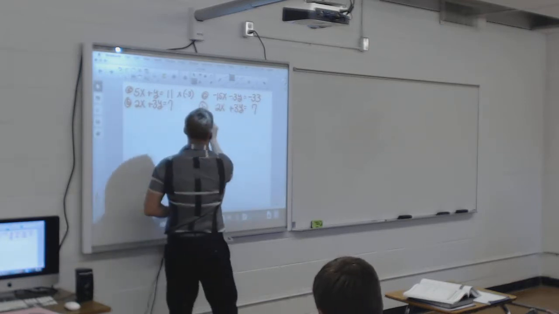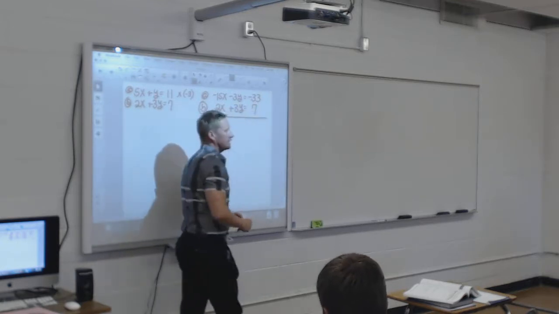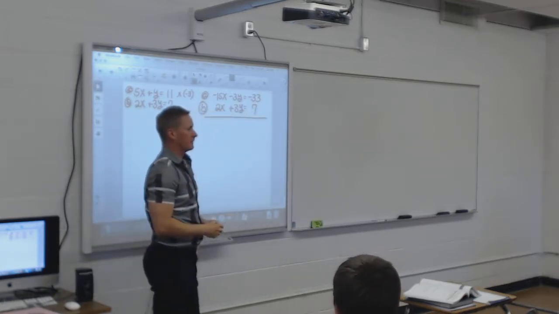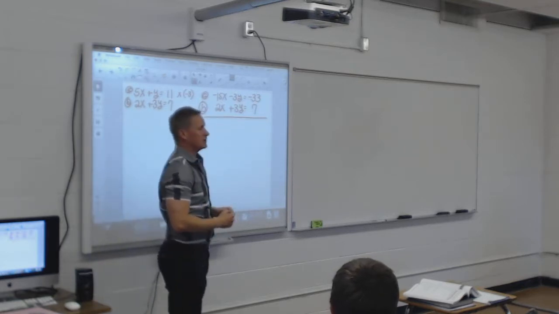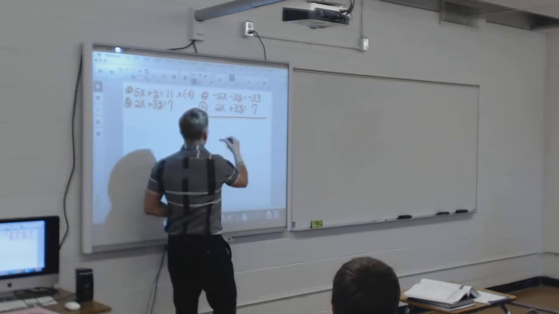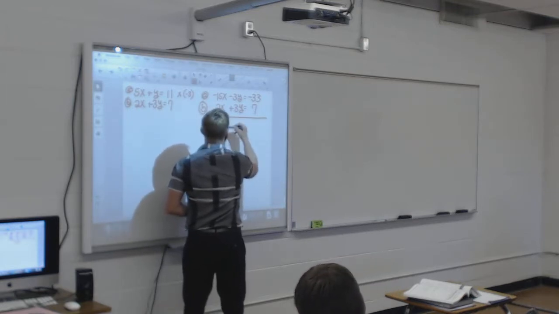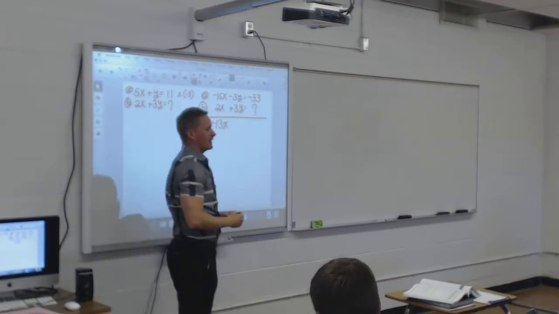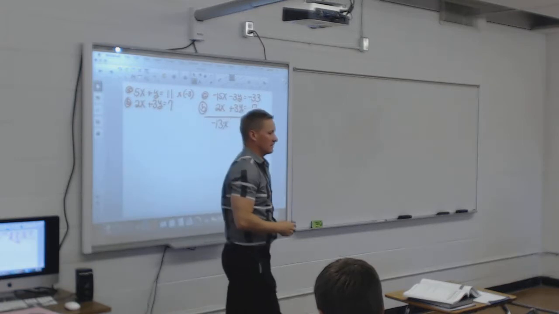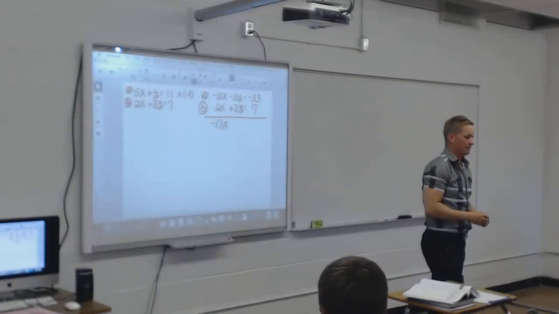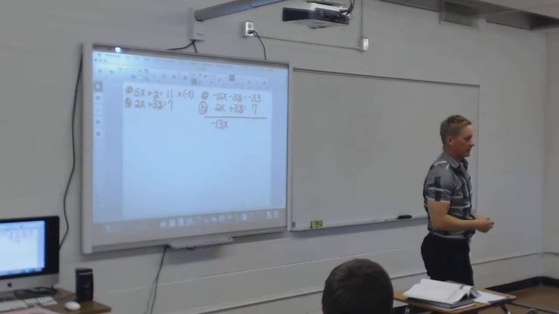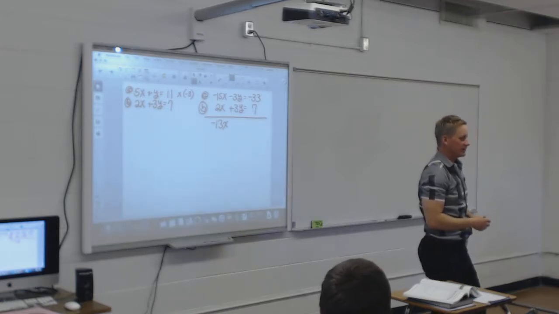Why did I do that? Well, I'm going to add these together. -15x and 2x is what? -13x. -3y, add 3y is? It's a variable, not a number.